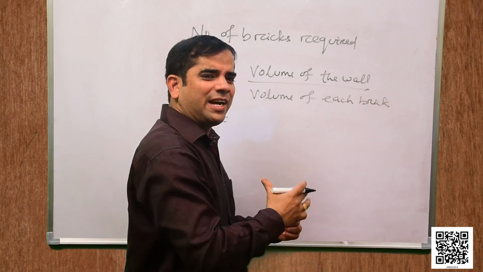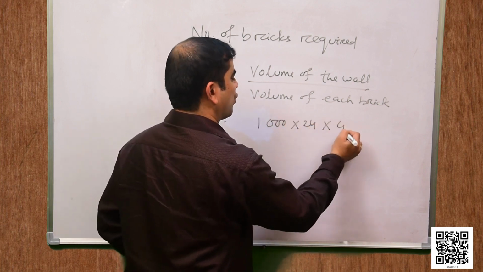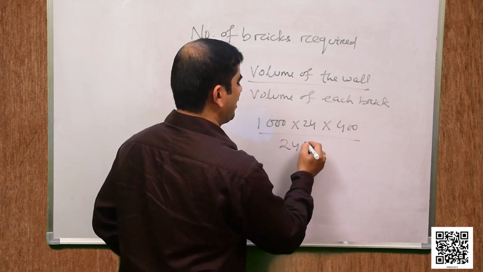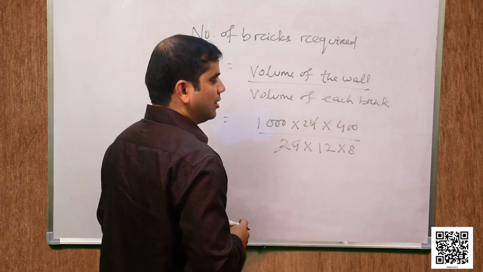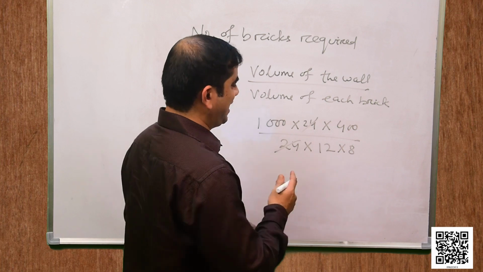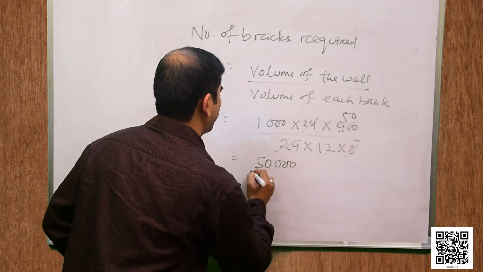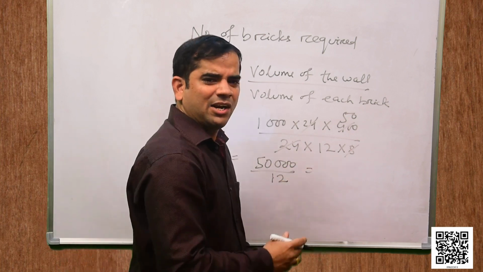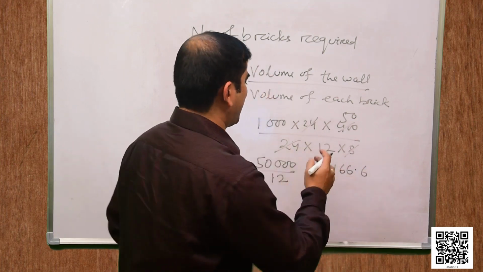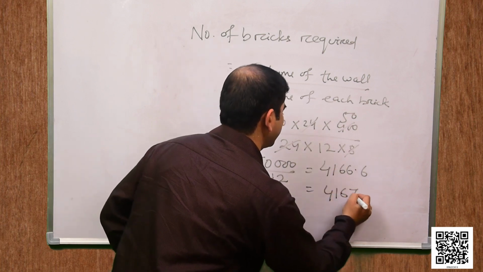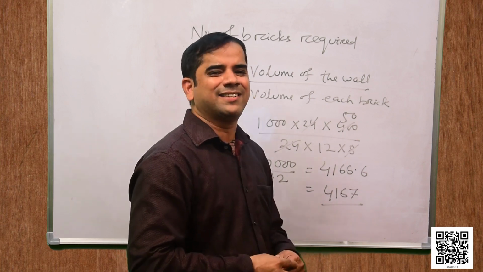So, let us calculate in an easier way, that is equal to 1000 into 24 into 400 divided by 24 into 12 into 8. Okay. So, 24 and 24 we can cut out, then 50,000 divided by 12, and we will get a decimal value of 4166.6. That means when we round it off, it will be 4167. So, number of bricks required will be 4167.